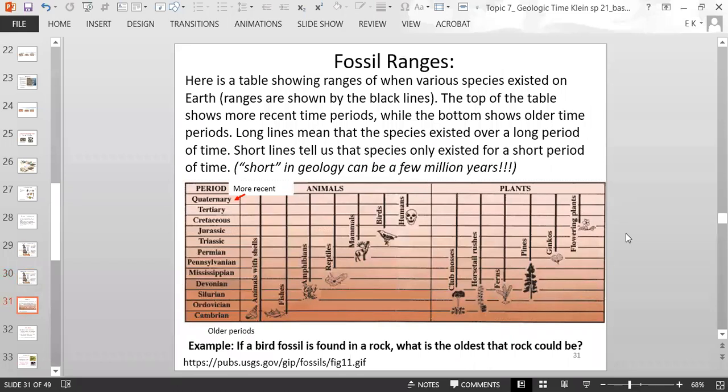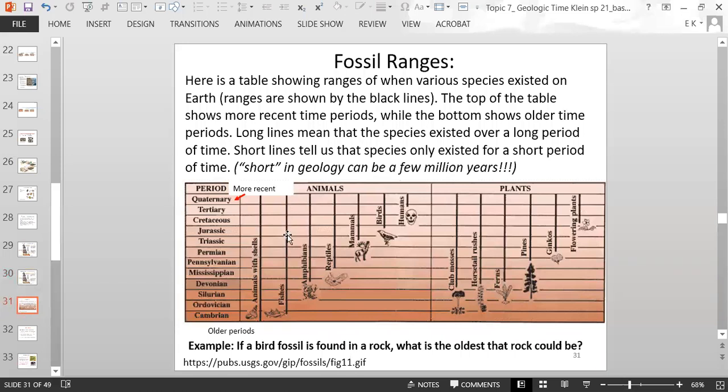Here is a table showing ranges of when various species existed on Earth. The ranges are shown in these black lines. At the top of the table, where it says period, there are words like Quaternary, Tertiary, Cretaceous. The words on top are more recent periods, and the words at the bottom are older periods.